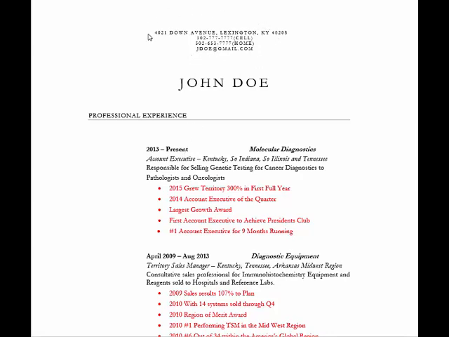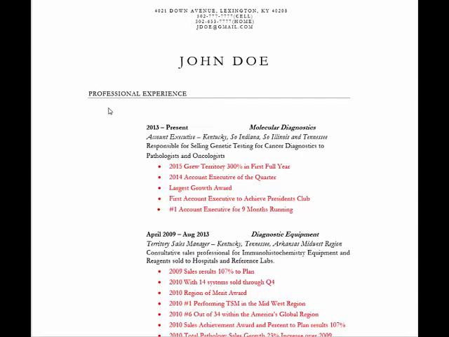Here you can see we have the address, city, state, cell number, home number, email address, and the person's name, and this can be done in a variety of different ways. This is fine. A lot of times you will see a summary or an objective.